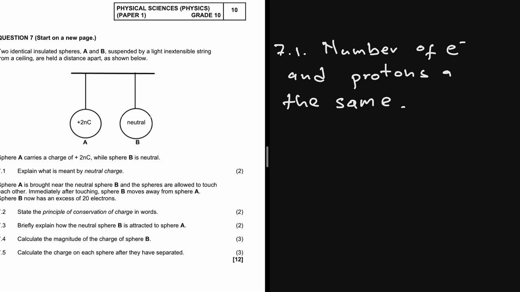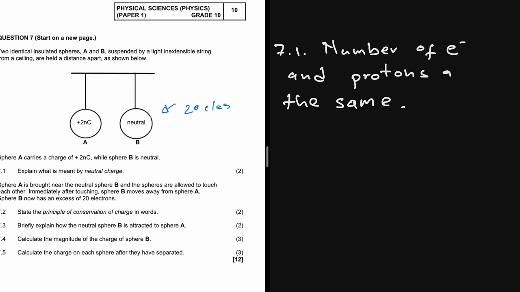We have a statement that says sphere A is brought near to a neutral sphere B, and the spheres are allowed to charge each other. Immediately after touching, sphere B moves away from sphere A. Sphere B now has an excess of 20 electrons. After they move together, they separate, and this one will have an excess of 20 electrons.